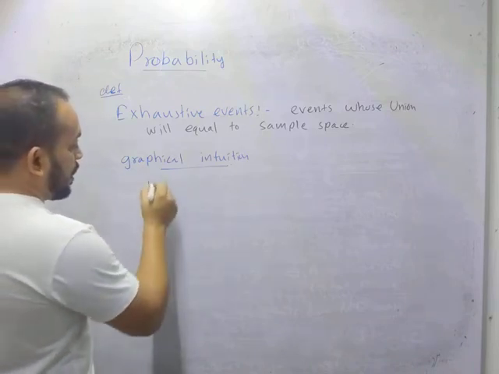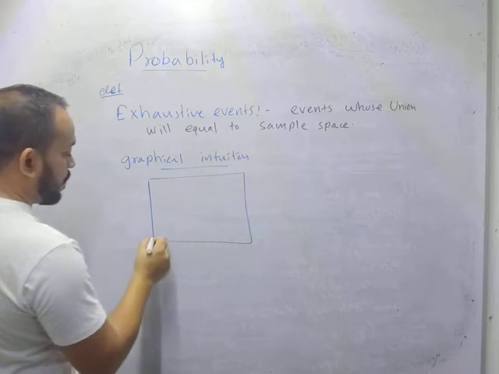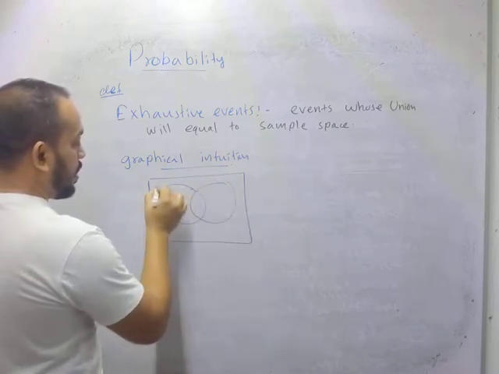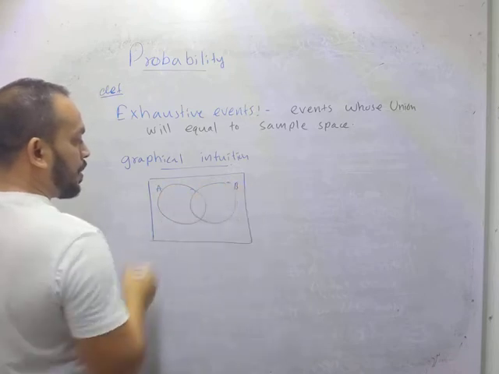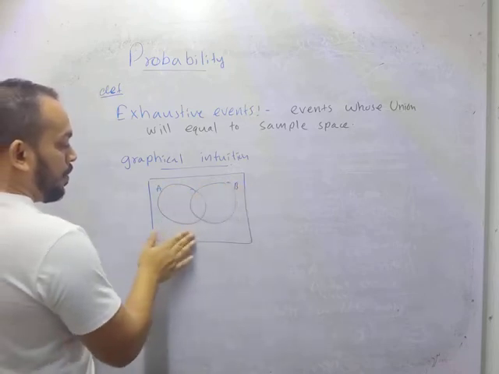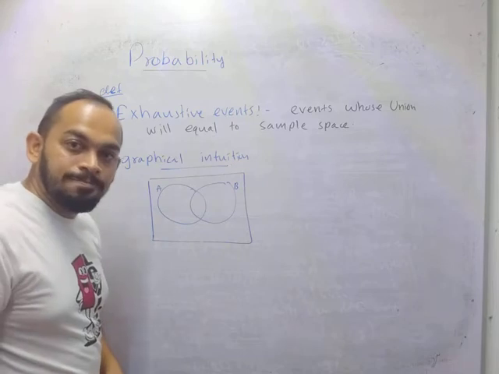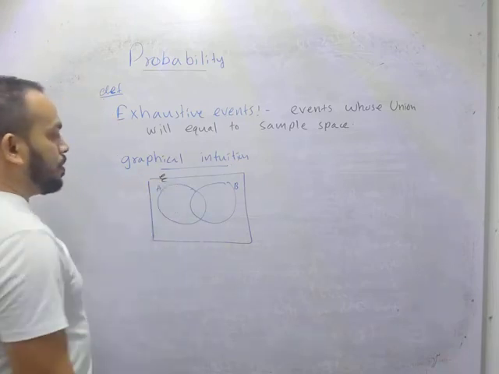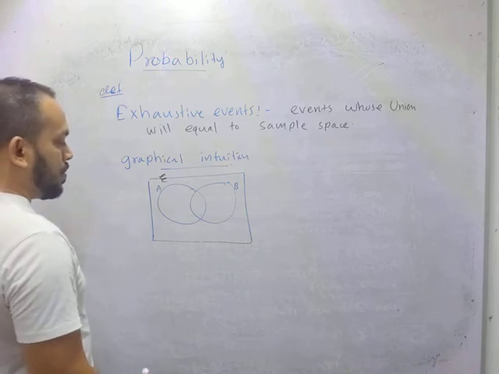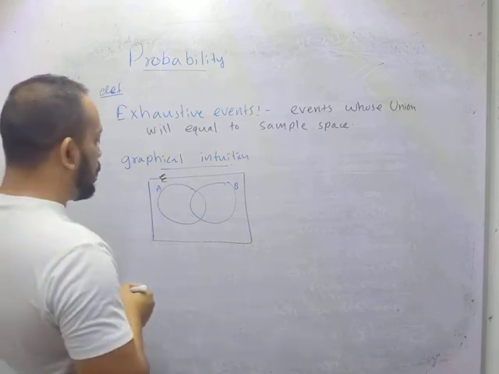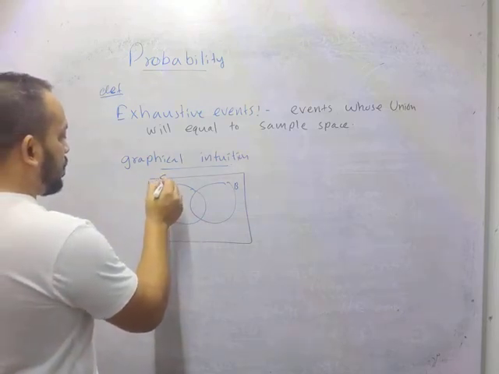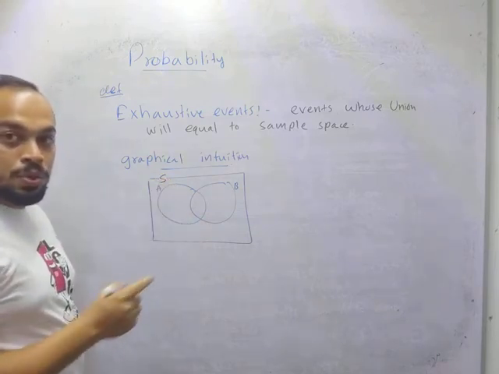So this is the Venn diagram, right? In the Venn diagram, you can have A, B like this. But you have elements outside as well, right? Let's just call this S, just to show you what it means.